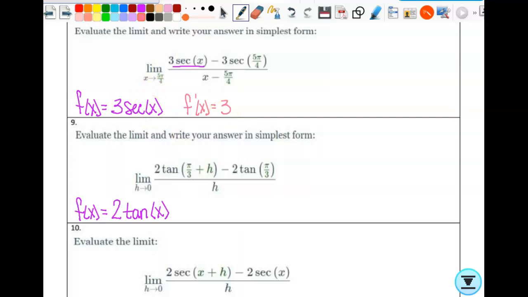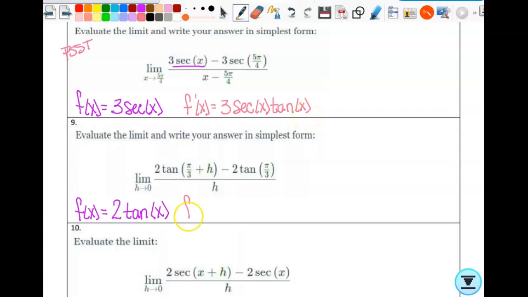Secant tangent, because remember the P-S-S-T, you ignore the P. Derivative of tangent is secant times secant, which is secant squared. Derivative of secant is secant tangent. So this is just 3 secant x times the tangent of x. Okay? No squareds on there.